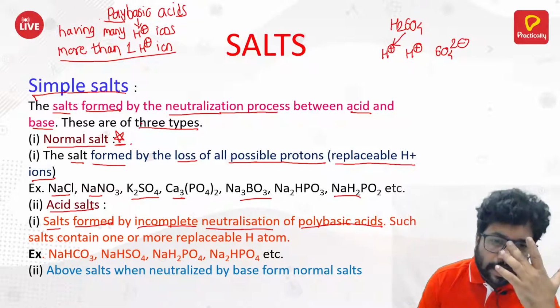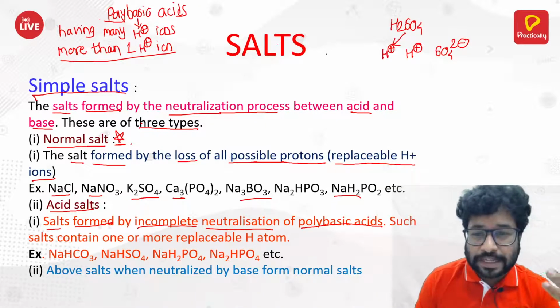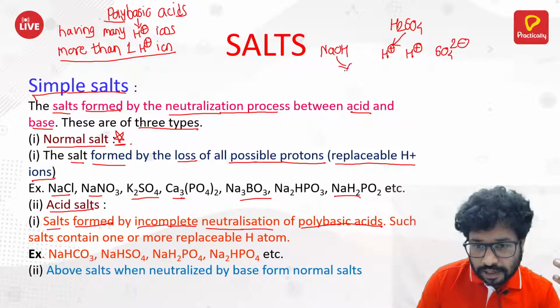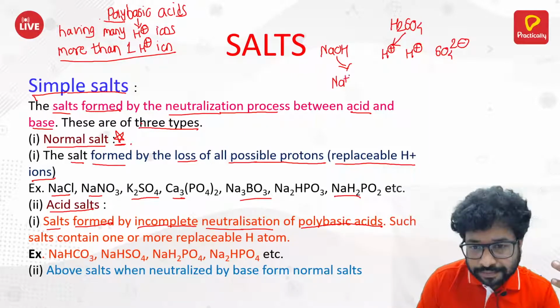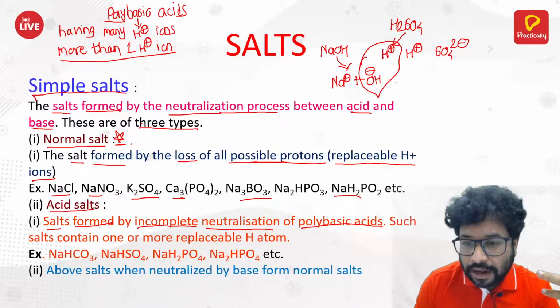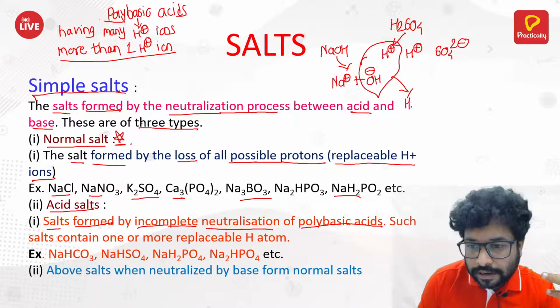Now your base will come. Suppose the base you're using is NaOH. It will give you Na plus and OH minus. This OH minus and H plus will combine and give you water, right?